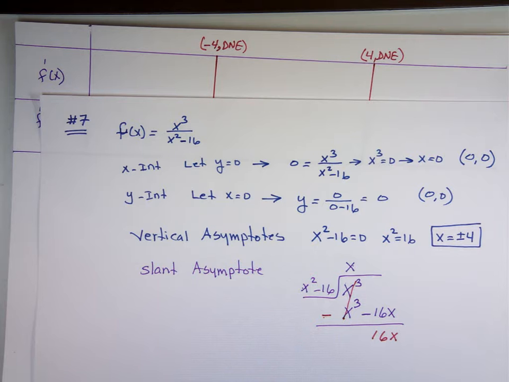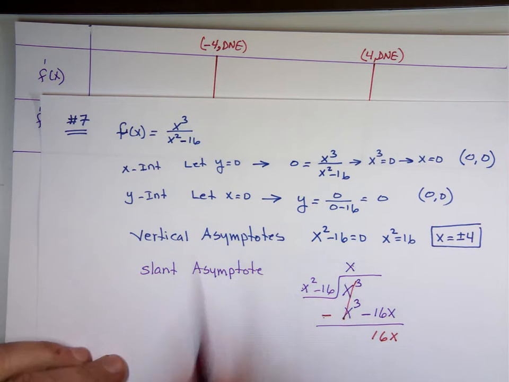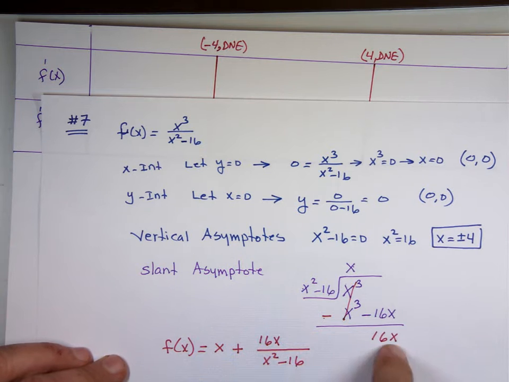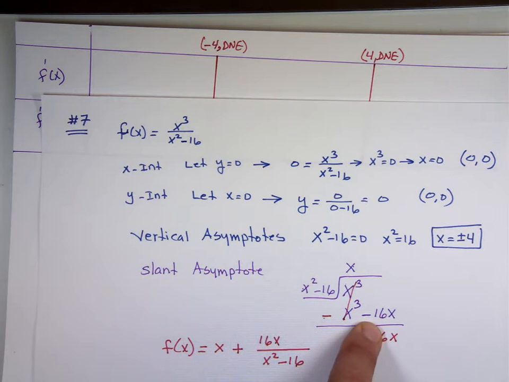So we can write f of x now as the quotient, which is x, plus a remainder of what? 16x over what? X squared minus 16. This over that. Remember, you subtract, you change the sign, just like with numbers.